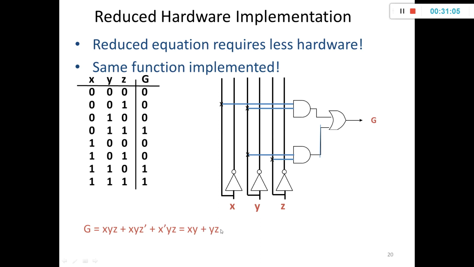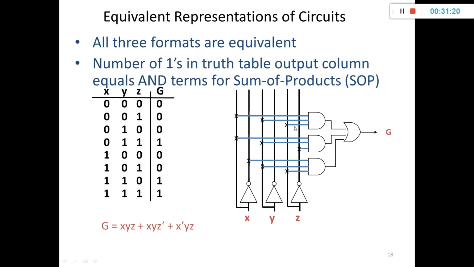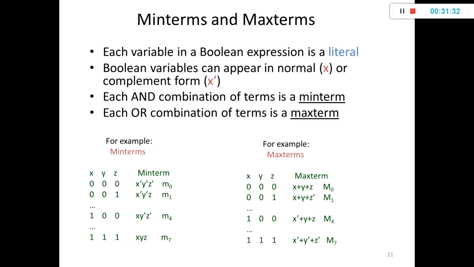XY plus YZ, because of the two product terms, we use an OR gate to have the SOP G. So you can compare now. I'll just go to the previous slide. Here there are three, three input AND gates, and here there are two, two input AND gates. In this way, we can try to reduce the hardware implementation.